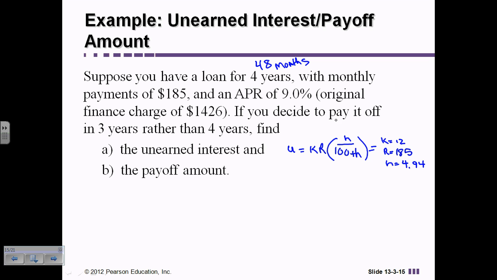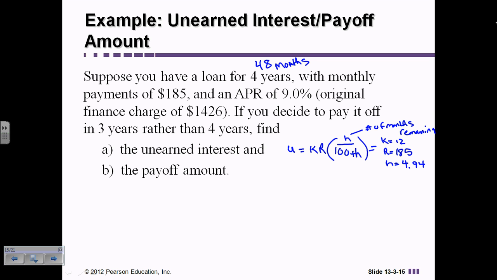Again, when you look for H, you look at the number of months remaining. That's how you find H. So we're looking at the 12-month column in the chart under the 9% interest rate.